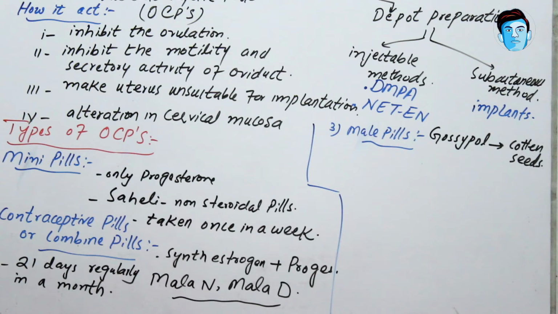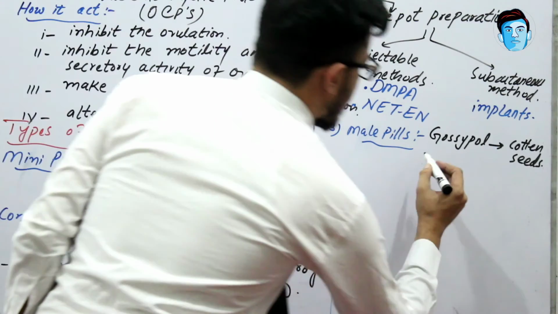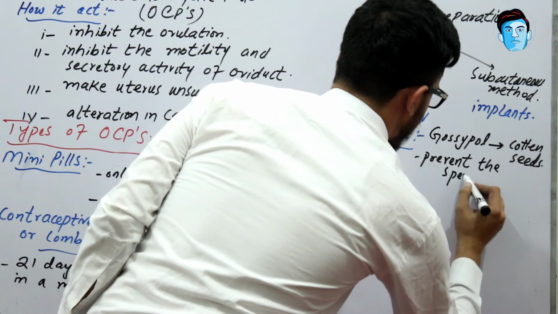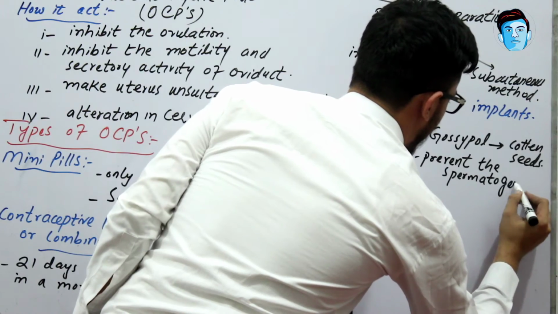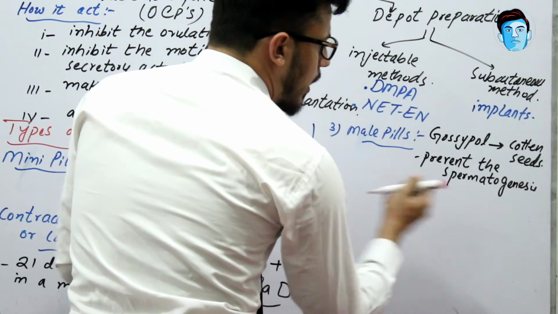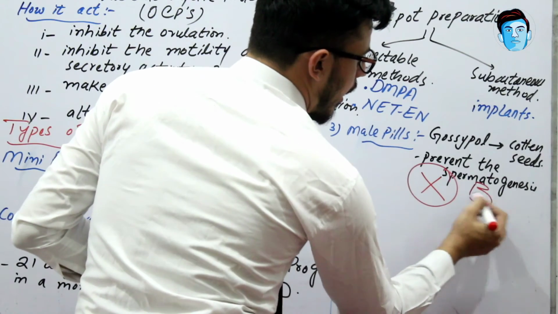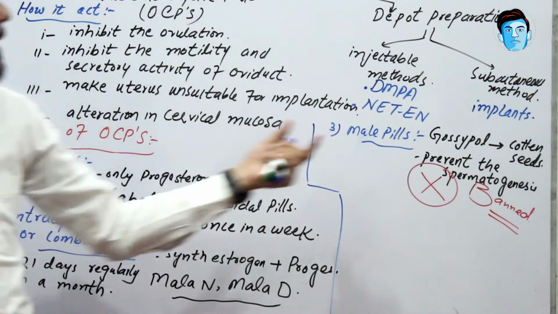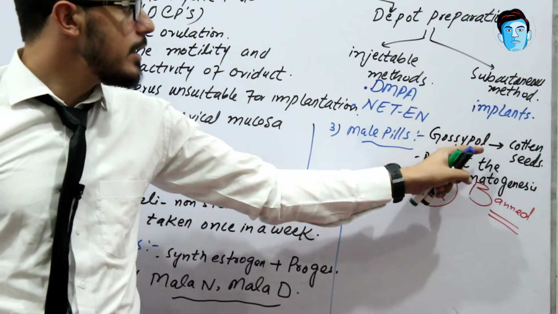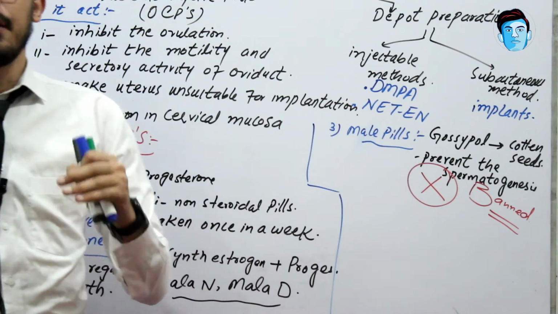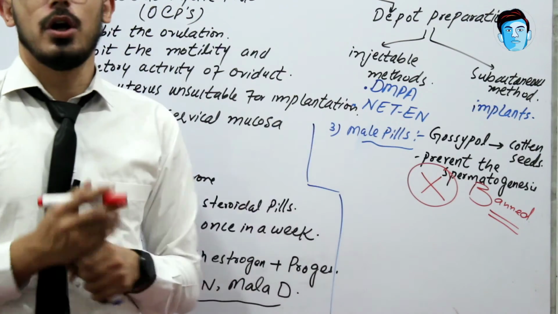The famous example under male pills is Gossypol, which is made from cotton seeds, and it prevents spermatogenesis. But nowadays male pills are not used and are banned. The reason is that they often lead to azoospermia.